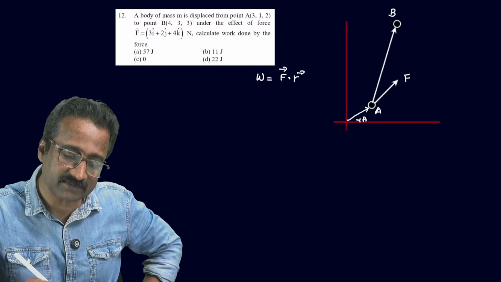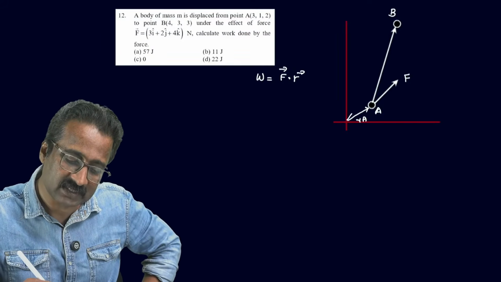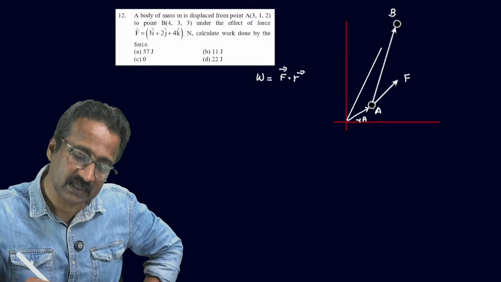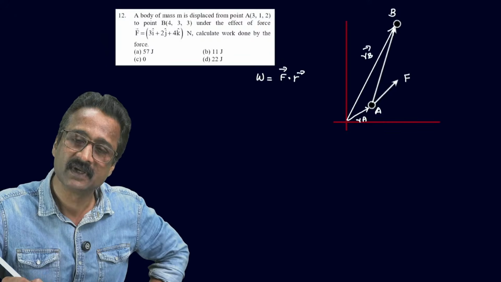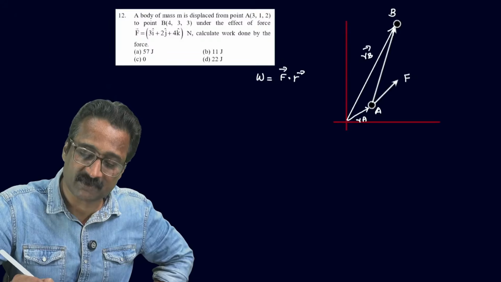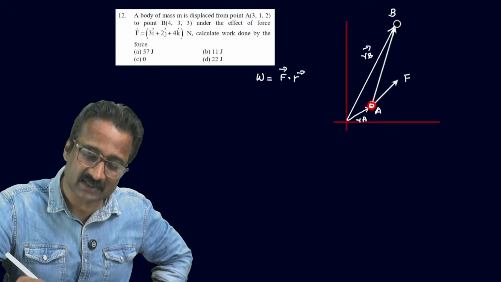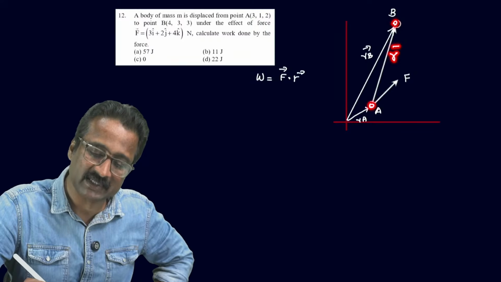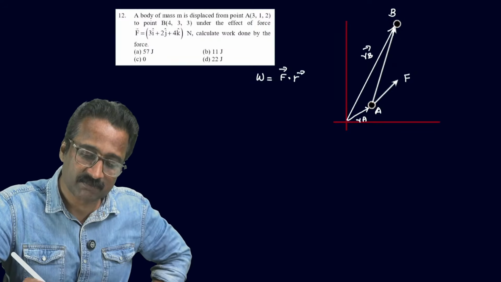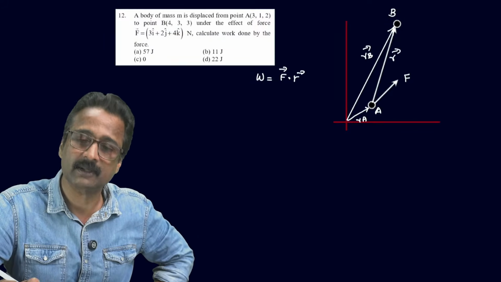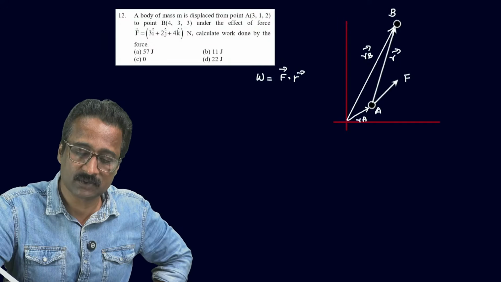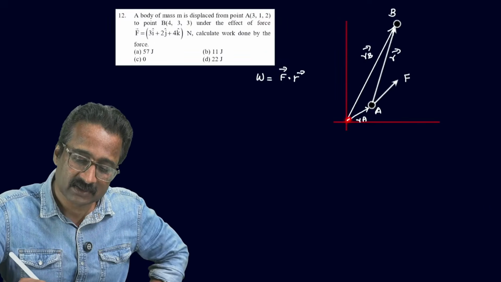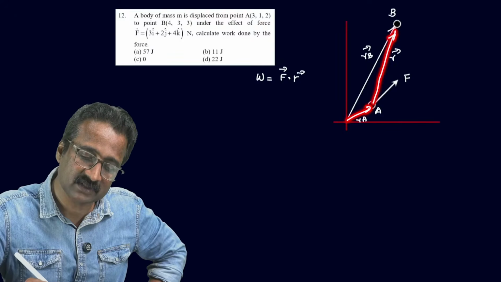Now finally, after displacing it, it reaches a point B. So this is the position vector of the same object later, let me call it RB. The body is being shifted from A to B, so this must be vector R, the displacement of the body. You can find R using RB and RA, because in the triangle this is one vector, this is a second vector, this is a third vector.